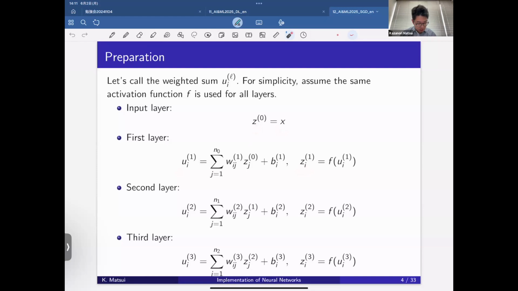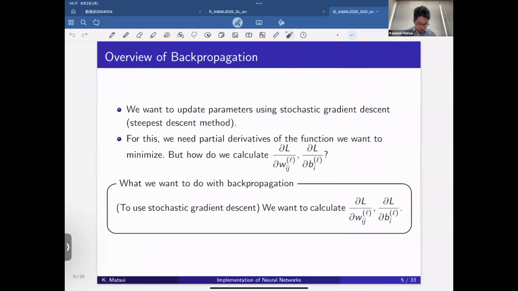We multiply this by weight and add bias to get u1, and the output z1 that we mentioned before becomes f(u1). If we define u in this way, to decide parameters, we use stochastic gradient descent.